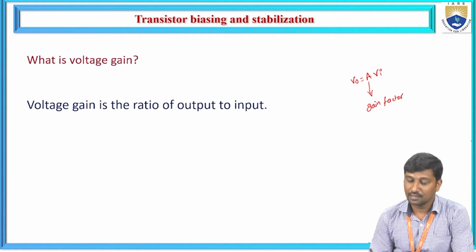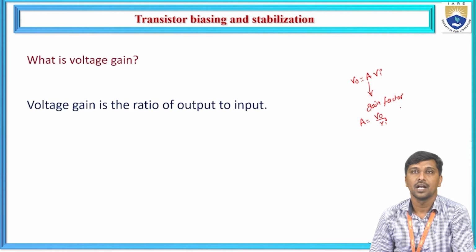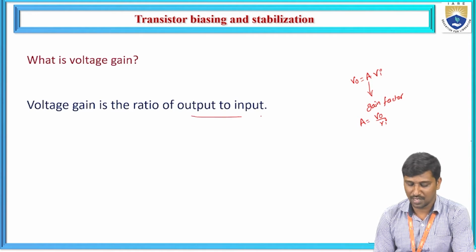This gain factor can be used to increase the signal strength from weak signals to high signals. From this representation, the gain factor is defined as the ratio of output voltage to the input voltage, or any output parameter to the input parameter.